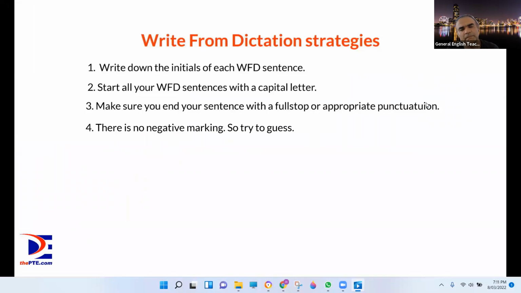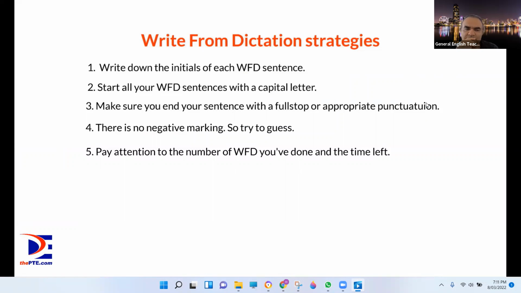There's no negative marking here, so if you missed some words, try guessing them. Number 5. While you're doing this section, pay attention to your time and how many write from dictation are still left. Always consider you are going to get the maximum number of write from dictation, which is 4.